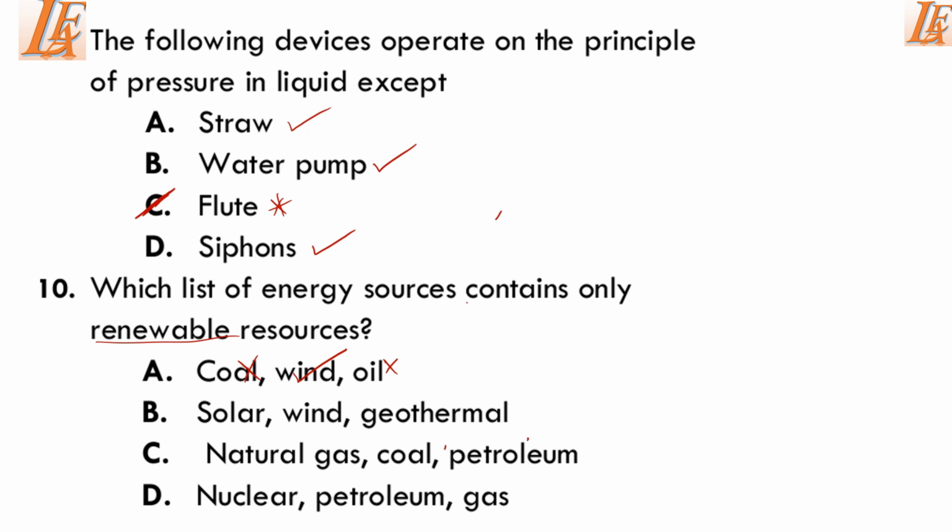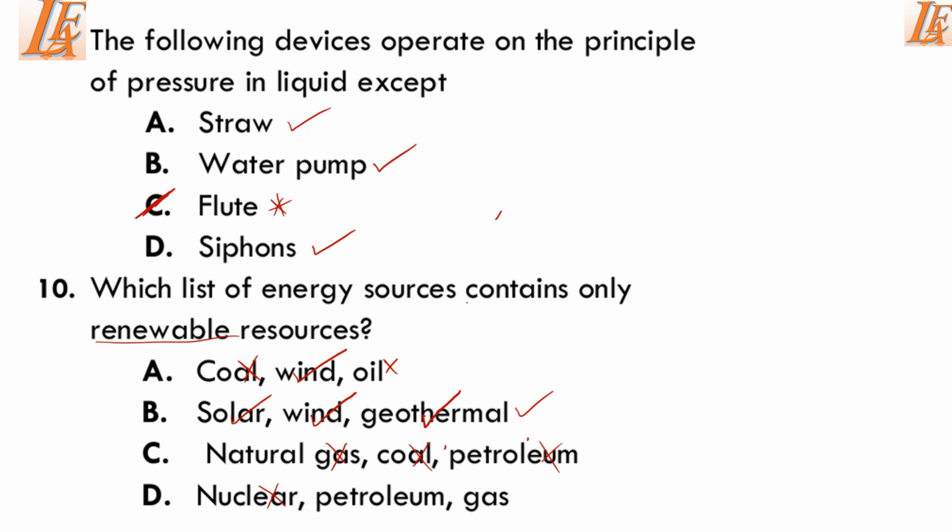B, solar is renewable. Wind is renewable. And geothermal is also renewable. So B is right. C, natural gas is non-renewable. Coal is non-renewable. Petroleum is non-renewable. So C can never be the answer. Then D, nuclear is non-renewable.